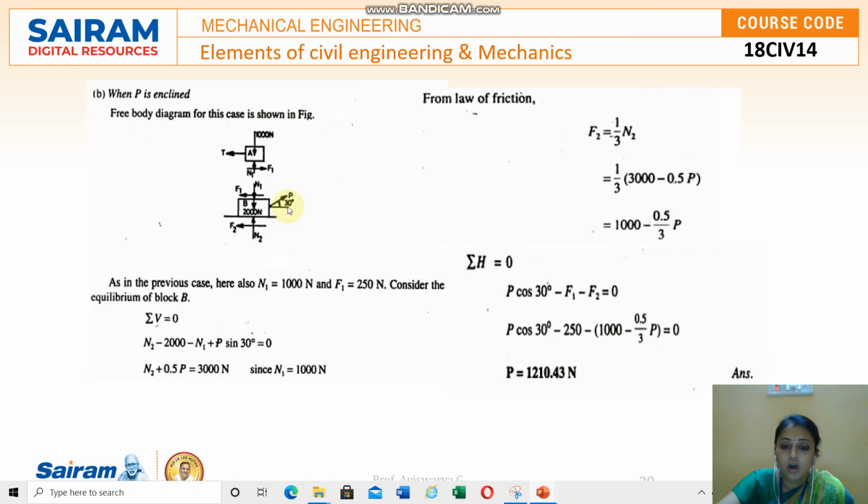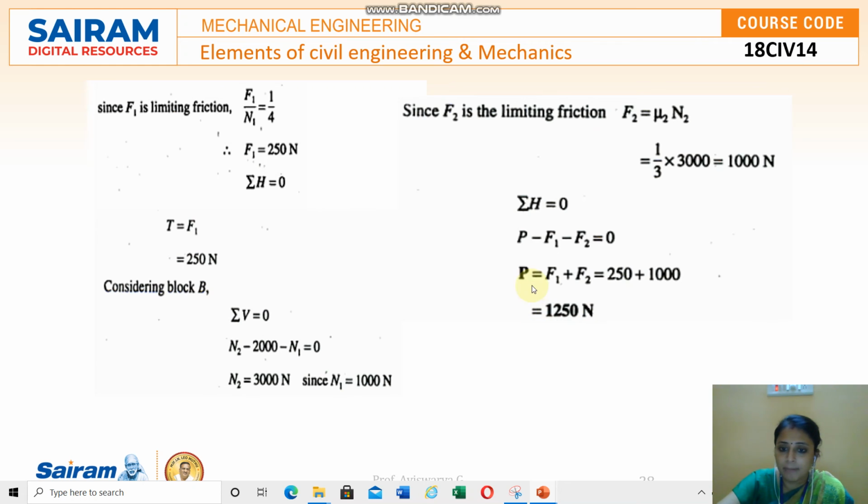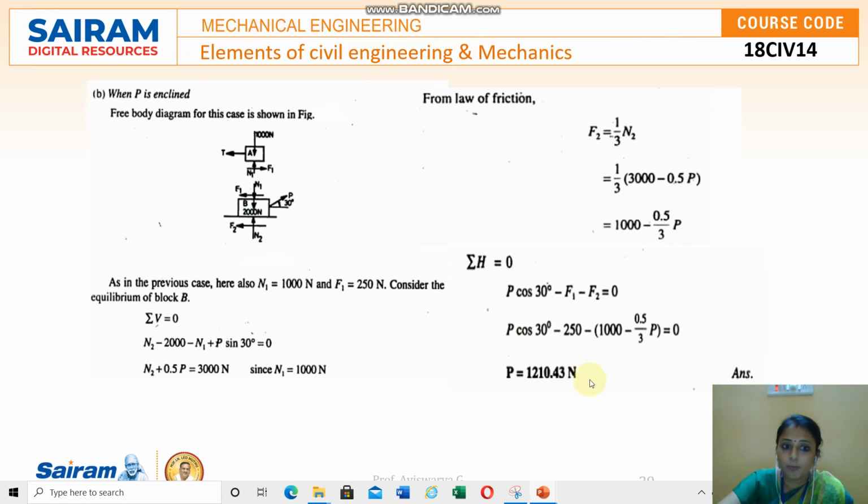You get P cos 30 minus F1 minus F2 equal to 0, that is P cos 30 minus 250 minus this F2, and substitute it here. You will get the value of P. In the earlier case P was 1250 Newton; here it is 1210.43 Newton. With a 30-degree inclination there is only some deviation in the answer. This is how we find the answer for both cases.